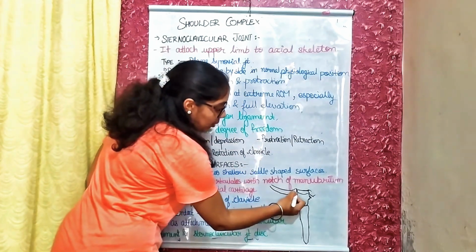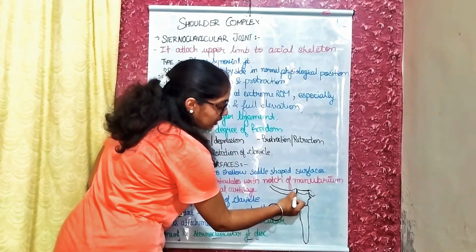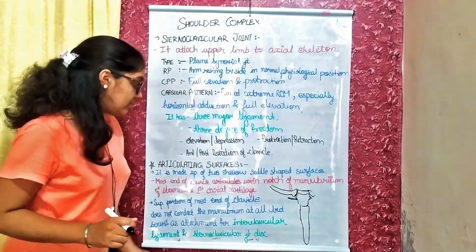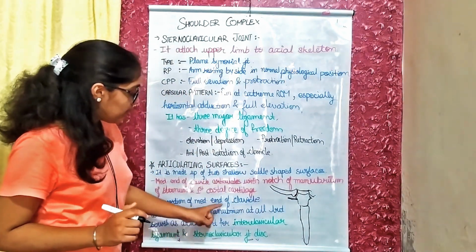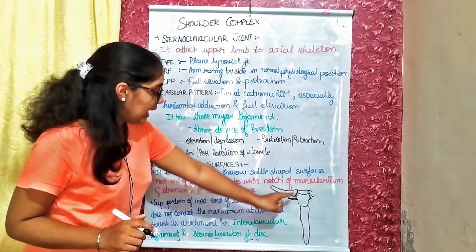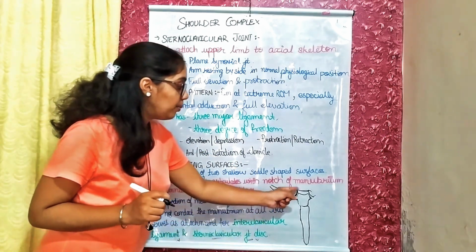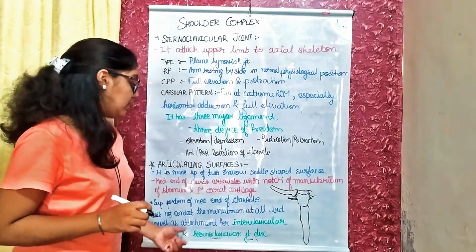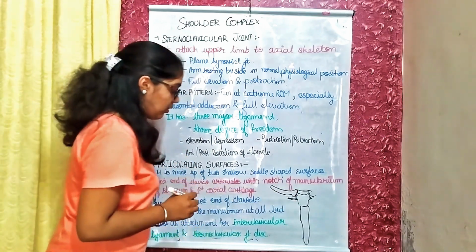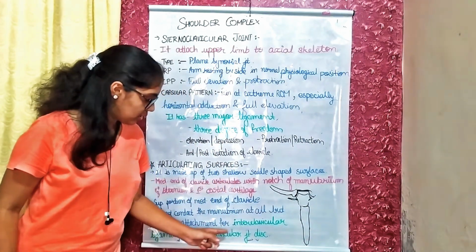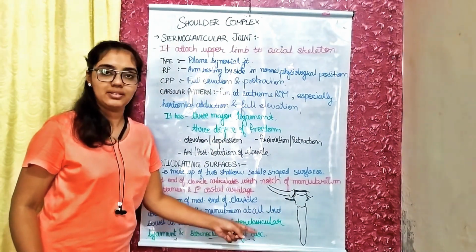Only the inferior portion of the medial end of the clavicle comes in contact with the manubrium. The superior portion serves as attachment for the interclavicular ligament and sternoclavicular joint disc.